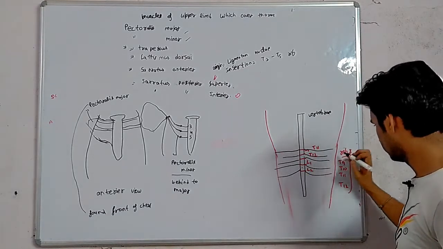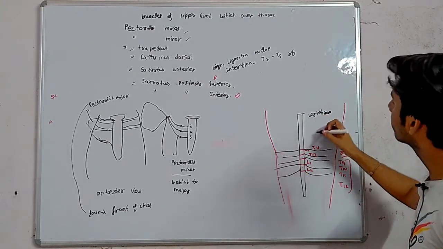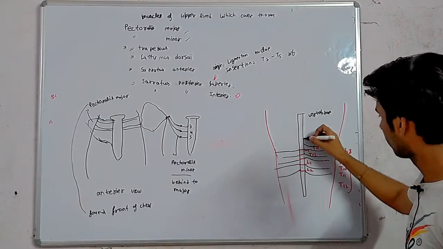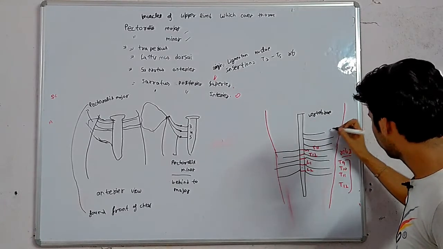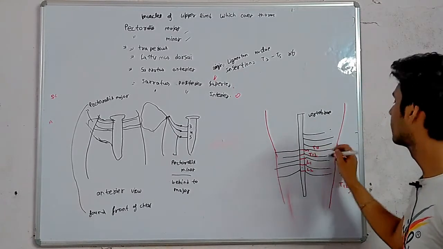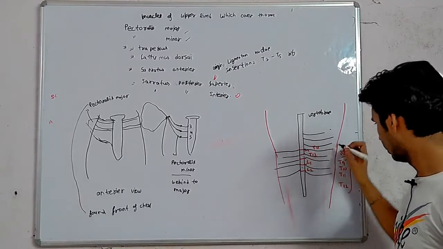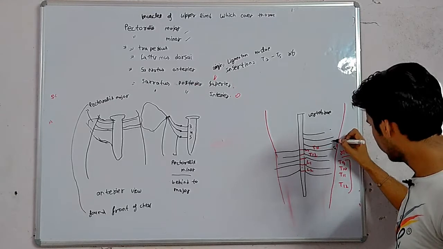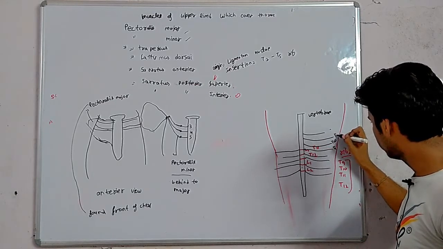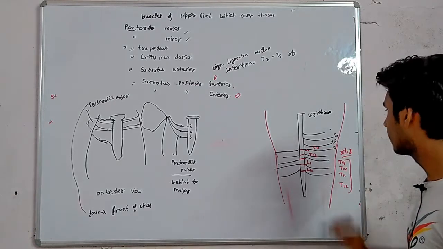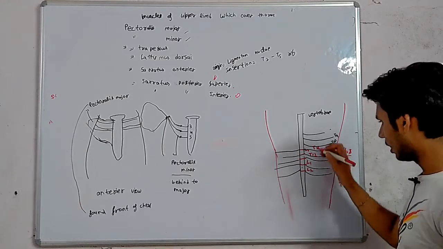Let's say T9 is above. This is, let's say, T11 vertebra, T10, T9. Okay, so T9 is attached like this.